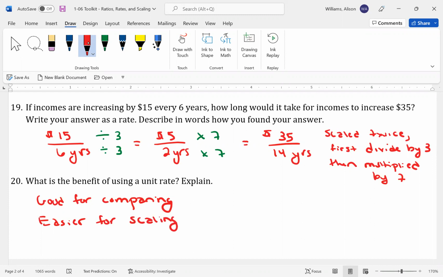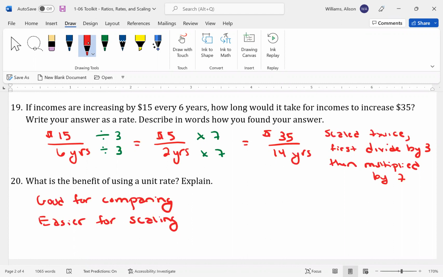If I had been working with the unit rate for 15 over 6, by the way, if I divided that, it's 2.5, I could have figured that out a little bit easier, rather than working with the original numbers that we kind of did.